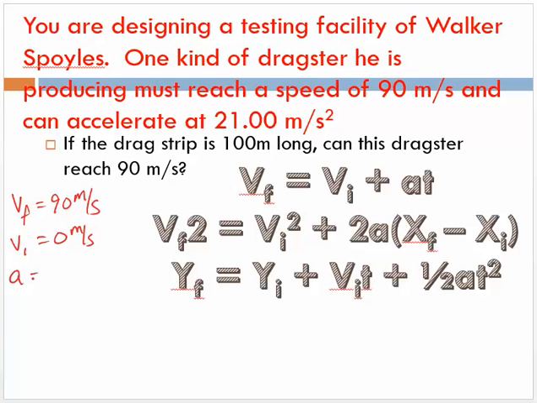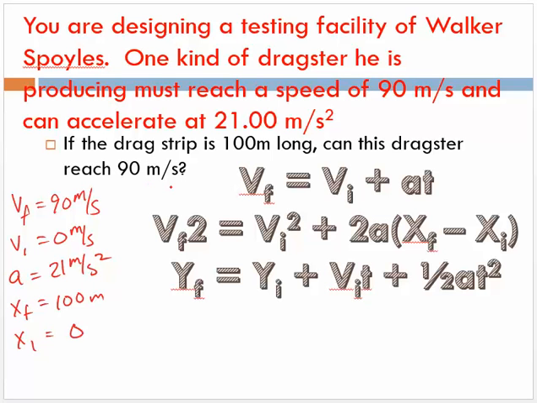The acceleration is 21 meters per second squared. Drag strip, XF equals 100 meters. Because it's a drag strip, I can say XI equals 0. The question becomes then, can this dragster reach 90 meters per second?